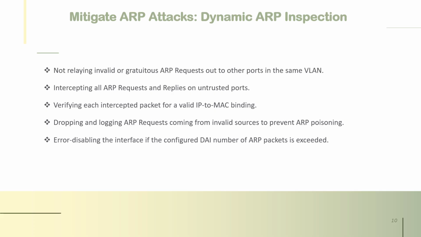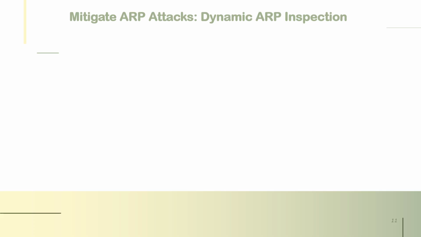And the last is error-disabling the interfaces if the configured dynamic ARP inspection number of ARP packets is exceeded. And we have implementation guidelines for dynamic ARP inspection, because to mitigate the chances of ARP spoofing and ARP poisoning, we have to follow these guidelines.